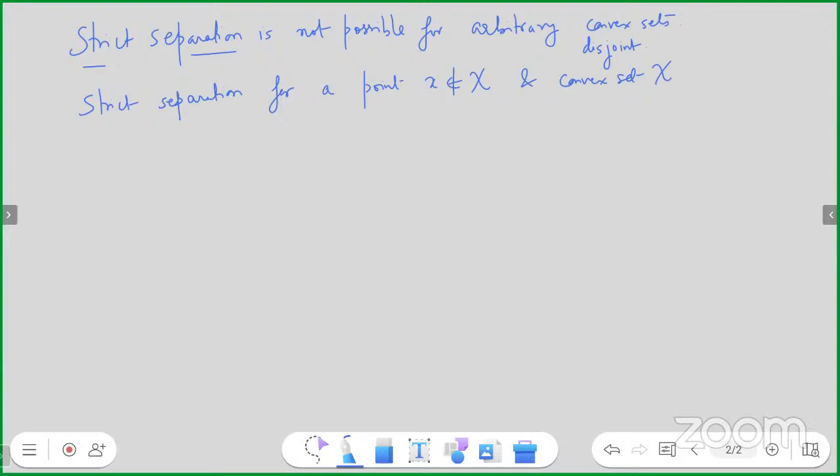Okay. Which means that around x you have a ball outside. Right? So then the distance between x and chi is positive. Okay. So take that distance and make a ball. Then from the previous theorem, it would give you strict separation. You have to do something more. The previous theorem only tells you separation, doesn't tell you strict separation.